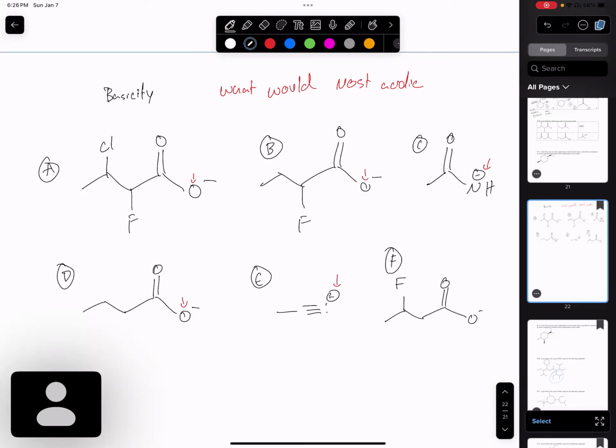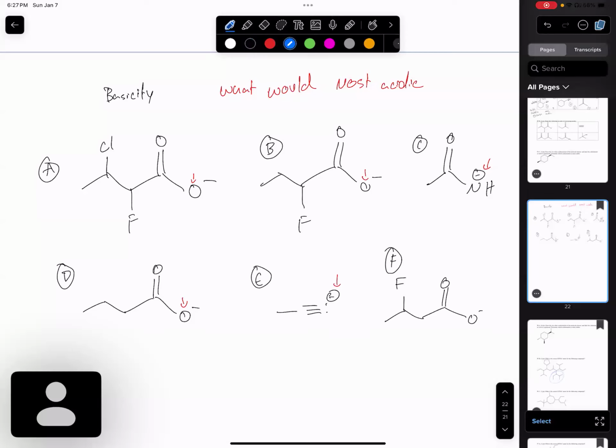No, I'm talking about most acidic right now. What would be most acidic? Anybody? Think about what we just talked about, the inductive effect. If we have two halogens that are extremely electron withdrawing, and they're a couple carbons away from the negative charge, do you see a pattern?